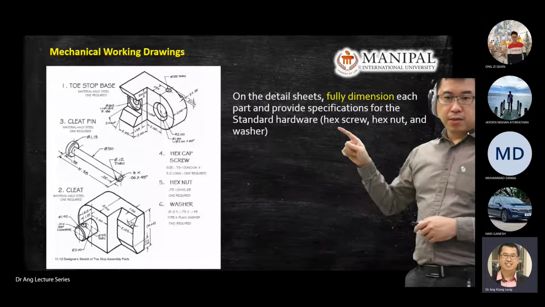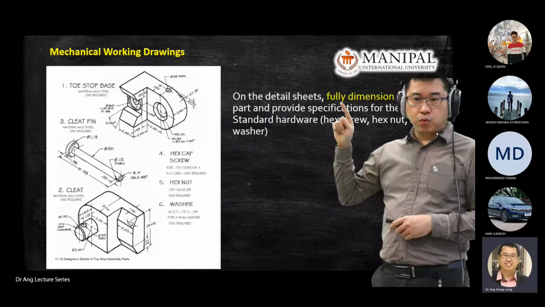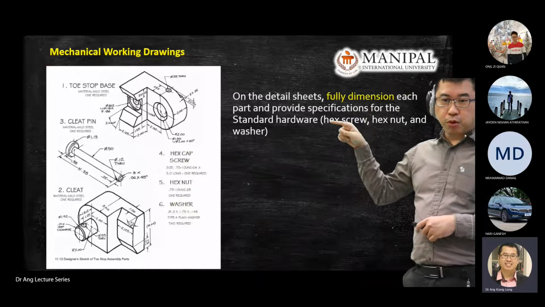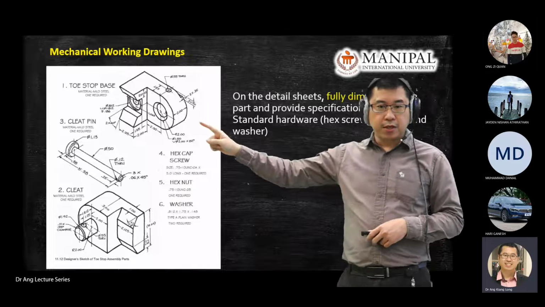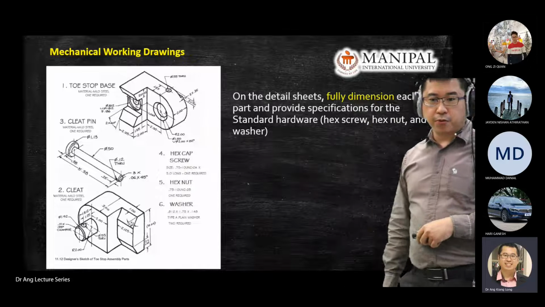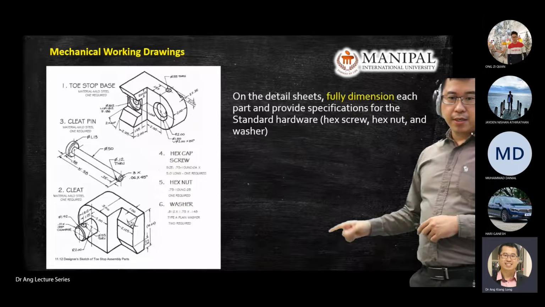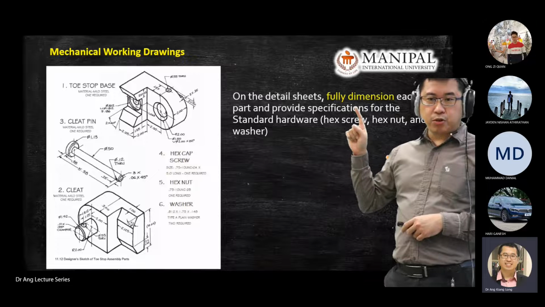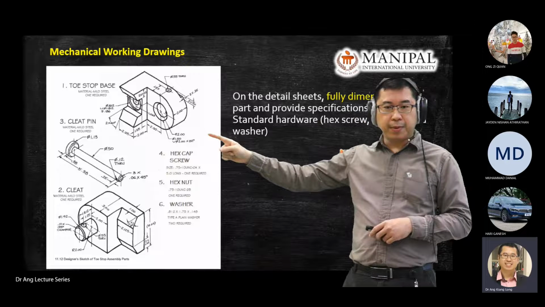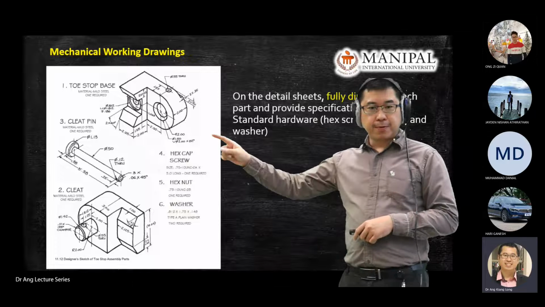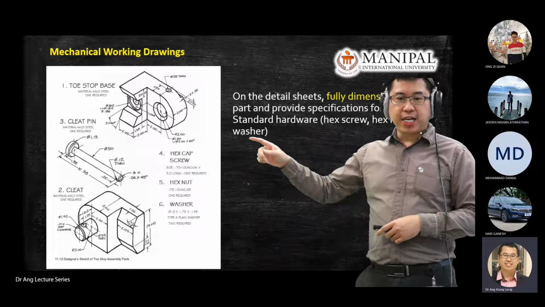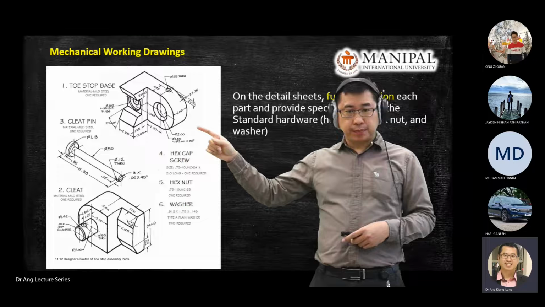Okay, so you need to go back to your hand scratching, give a full dimension of your individual component. Okay, so you should have the full dimension of your component. So this one, you can do hand sketching by next week.